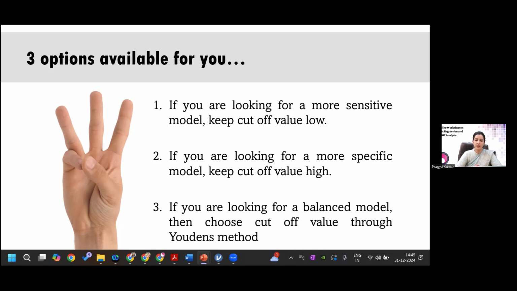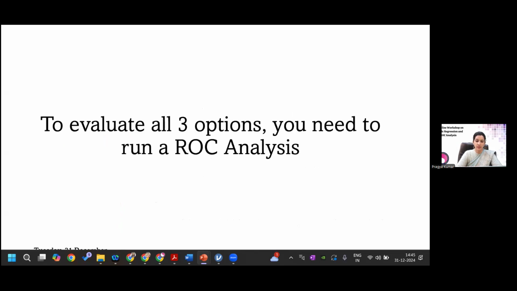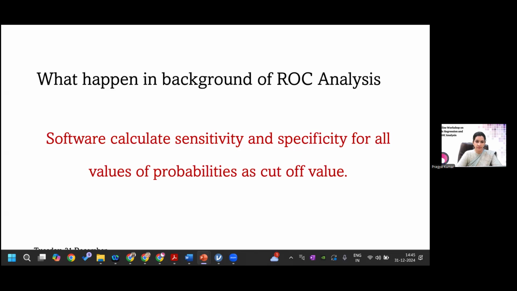So if we are looking for a balanced model, then we should choose the cutoff value through the Youden's method. So we have to evaluate all three options and we need to run a ROC analysis for that. Now we are seeing what happens in the background of the ROC analysis.